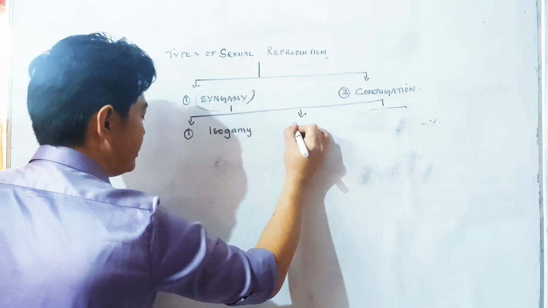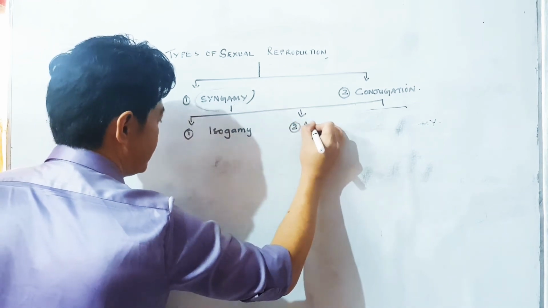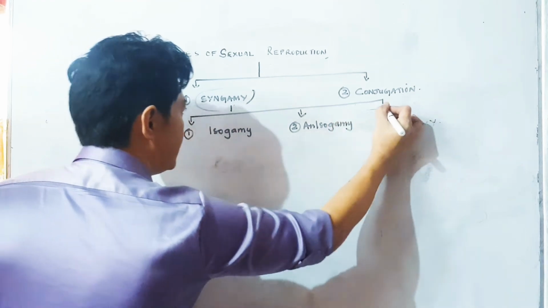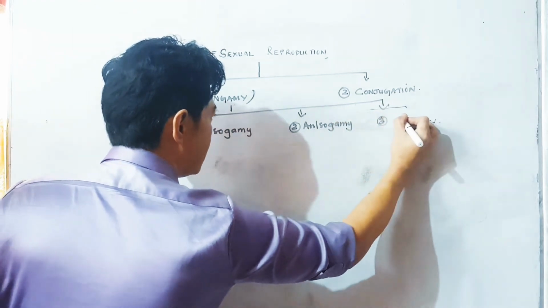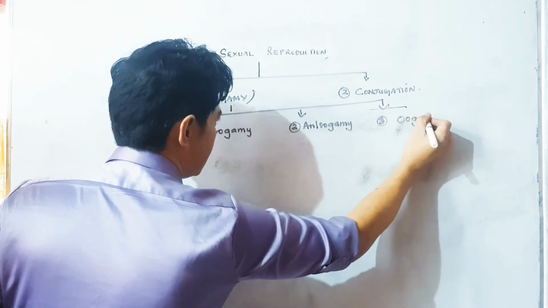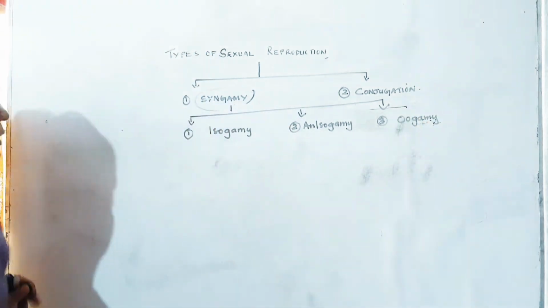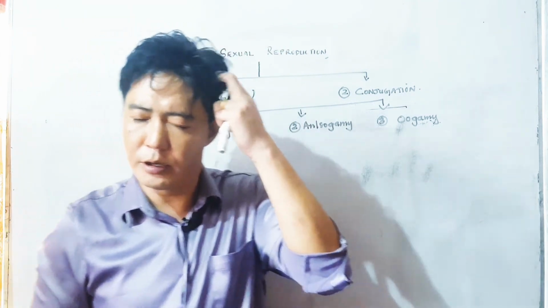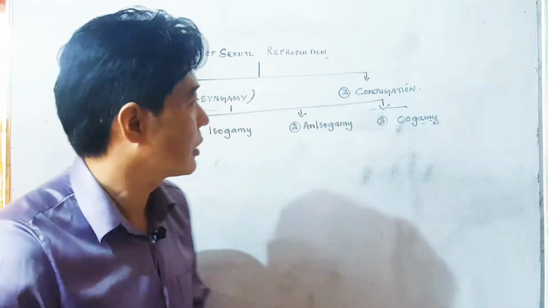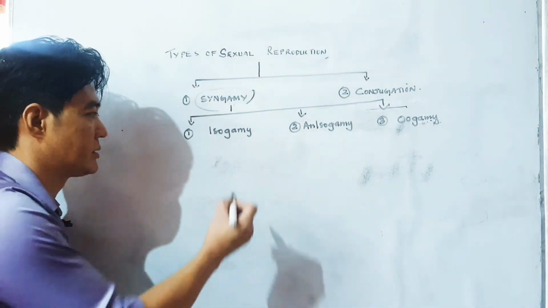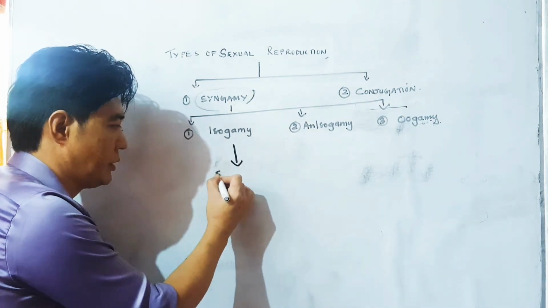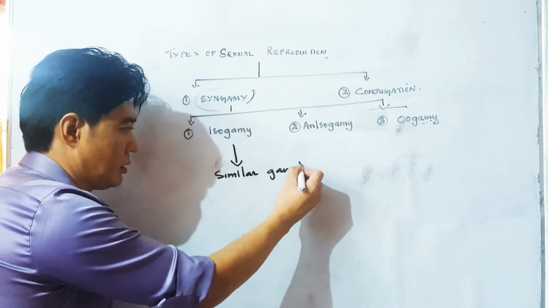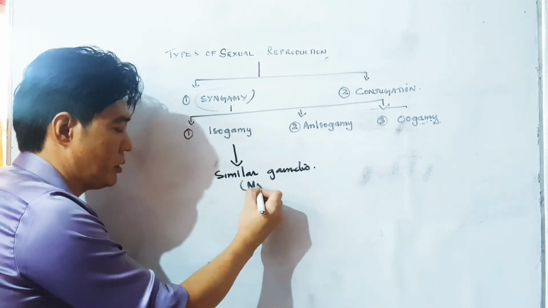Number two, aniso, the dissimilar, anisogamy, and number three, oogamy. In case of isogamy, say for example mucor fungus, similar gametes fuse, similar gametes. Say for example mucor.